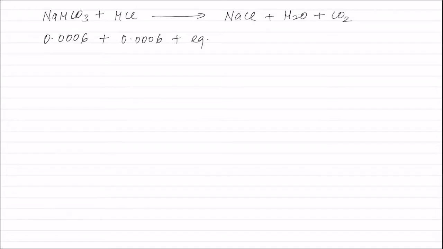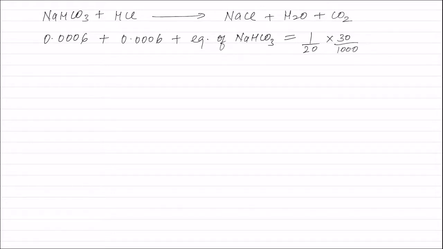That is, equivalents of NaHCO3 which is present originally in the mixture is equal to equivalents of HCl. The equivalents of HCl is equal to normality of HCl, that is 1/20, into volume of HCl in liters, that is 30/1000 liters.